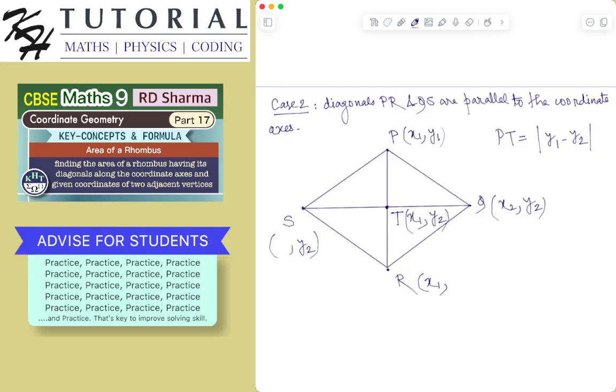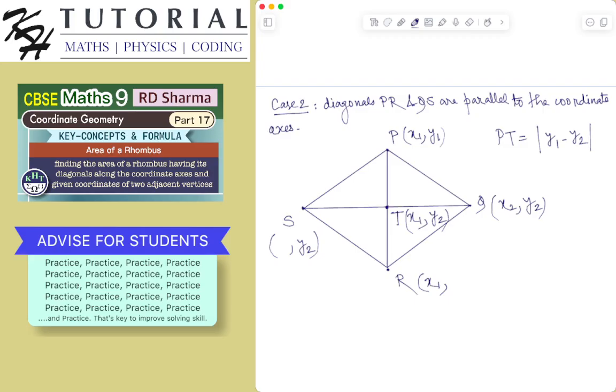It will depend on whether the vertex R is below the diagonal QS or above it.